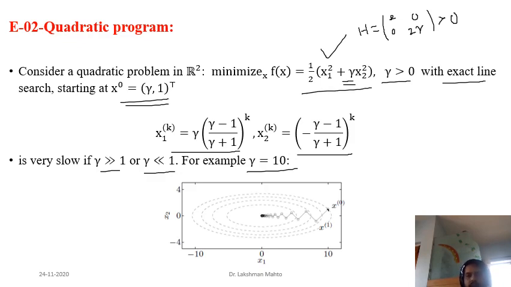If the problem is not well shaped, or anisotropic, that is, if gamma is very high, then you will observe anisotropic contours, and at that time gradient descent will work very slowly.